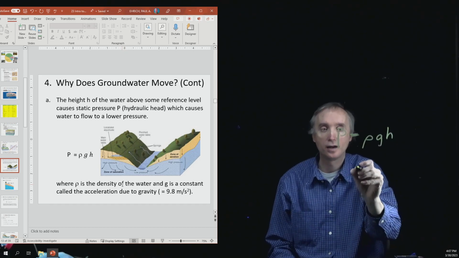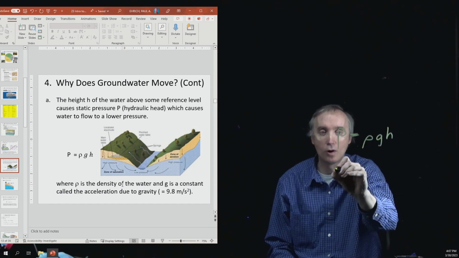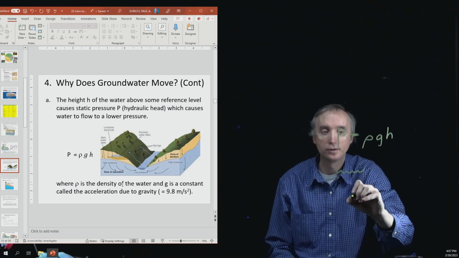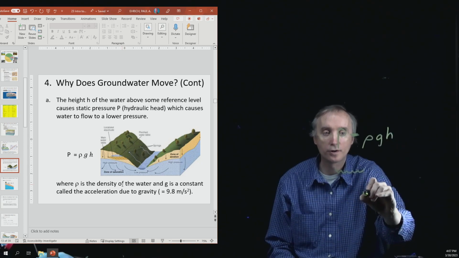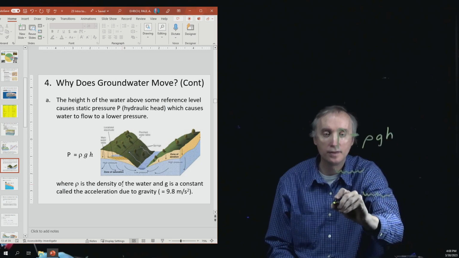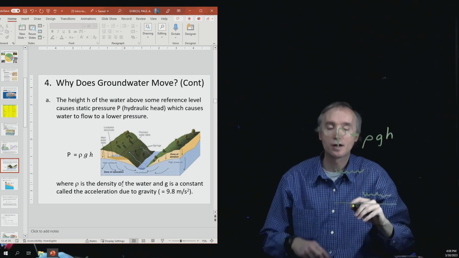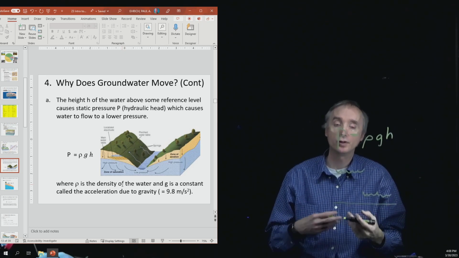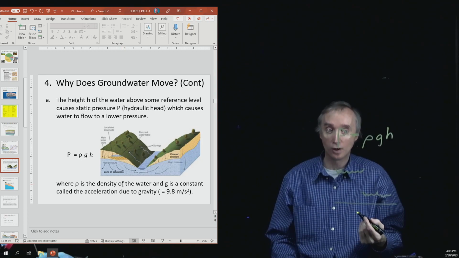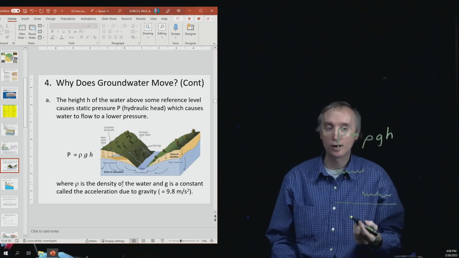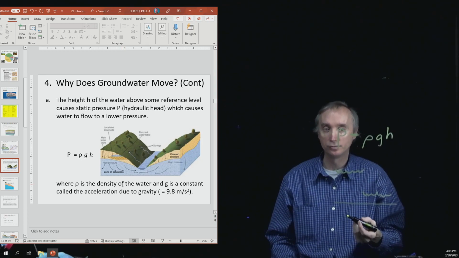Let's say that you've got some water that's up here, and then you've got some water that's down here. And then let's say that this is some reference point. You can really pick any reference point that you want, but most of the time the reference point is going to be sea level.